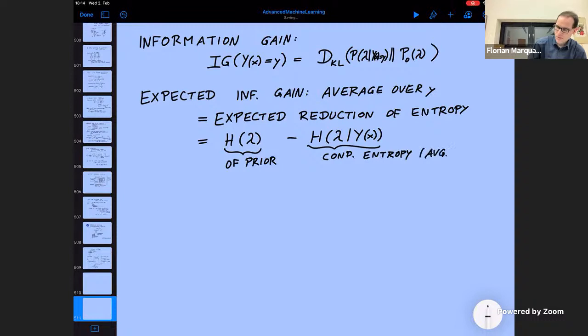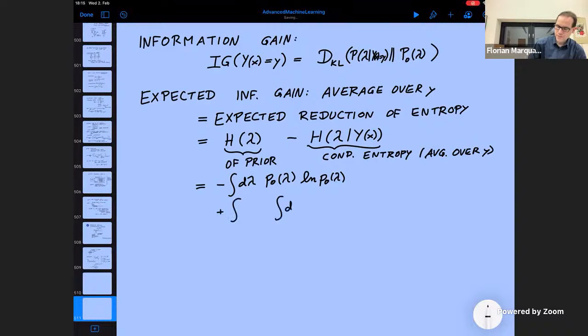And so I can write this down more explicitly for you. The first term would just be the P0 log P0 of lambda, the entropy of the prior. And the second term would look like this.